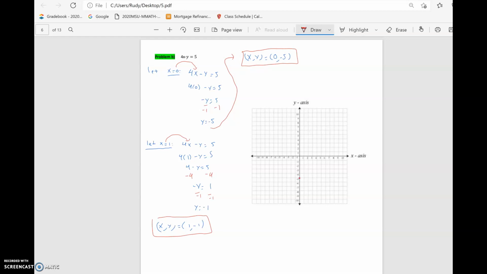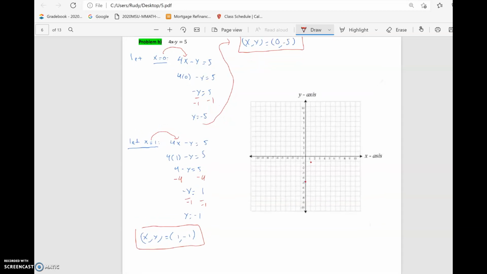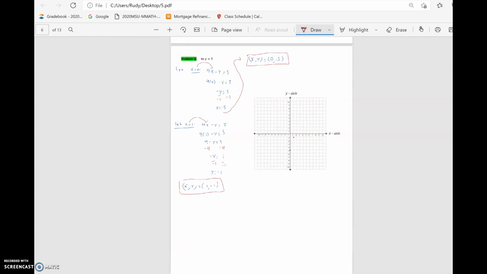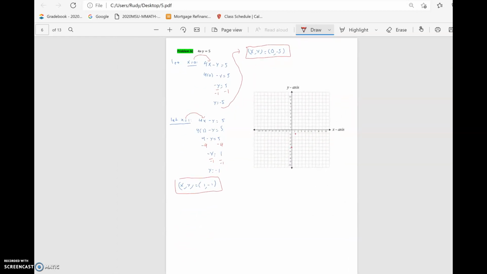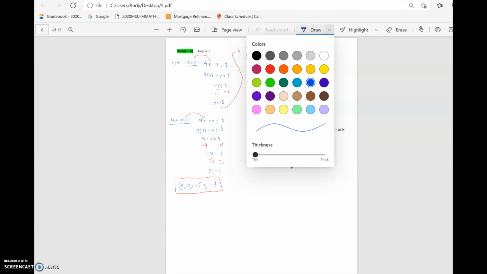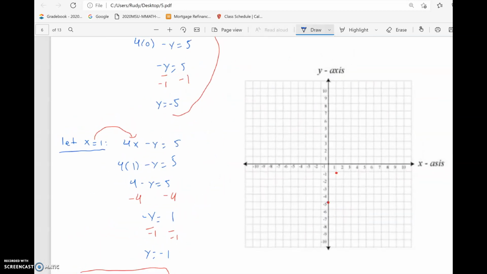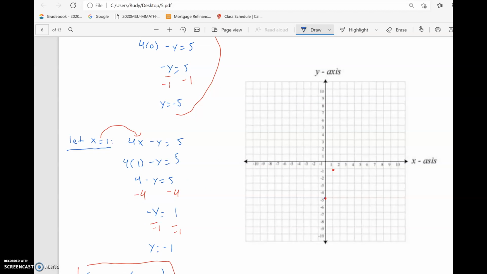So 1, -1, it's going to be here. And the last coordinate point that I'm going to pick, let me pick a negative. So let me pick -1. Or actually, in this case, just because it's going to be a little bit hard, let me see if... no, -1 is fine.